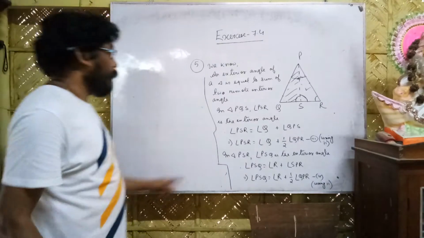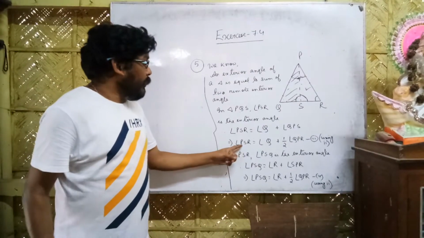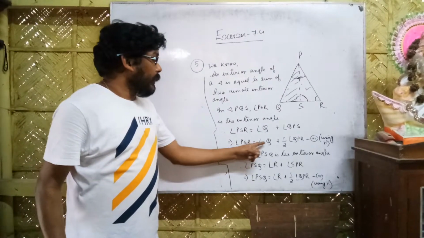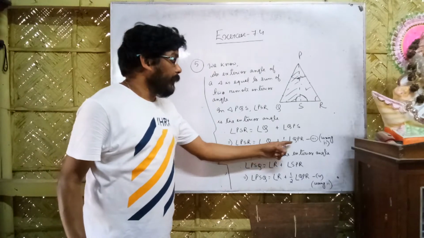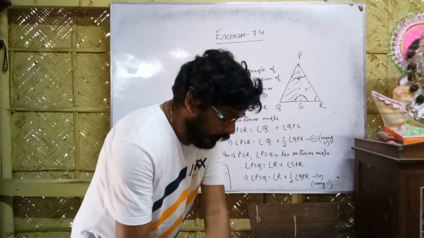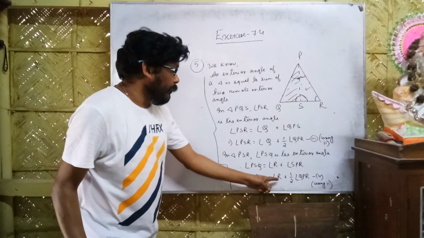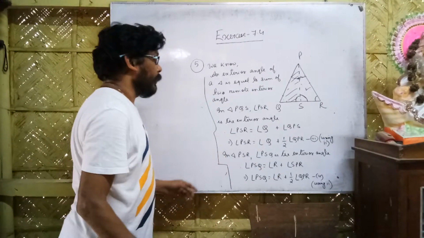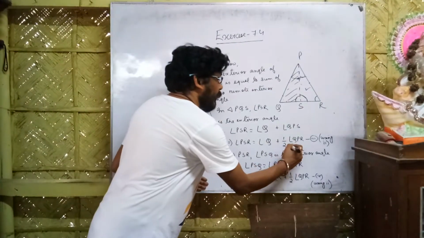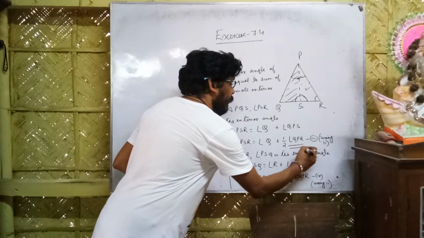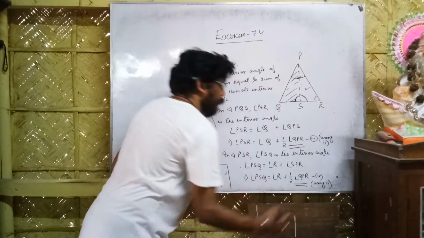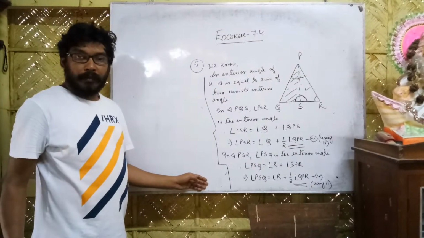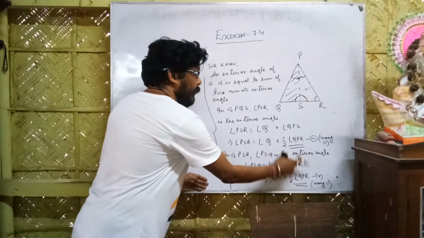Now see, in equation 3 we got angle PSR equal to angle Q plus half angle QPR, and here angle PSQ equal to angle R plus half angle QPR. If you look at equation 3 and equation 4, you see half angle QPR here and half angle QPR here. These two are equal.